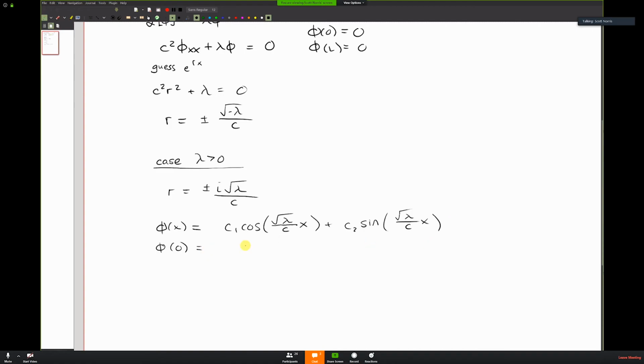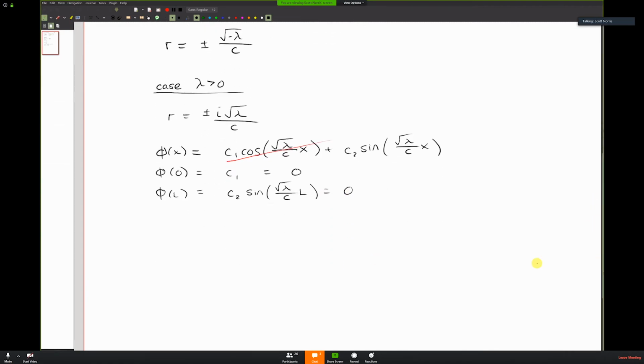Since sine of 0 is 0, the only thing we're going to get is this c1, and the boundary condition tells us that that is 0. Then we have our second condition at L. And since c1 is already 0, this term's not going to be present. So all we're going to get is c2 sine root lambda over c times L, which will be 0.